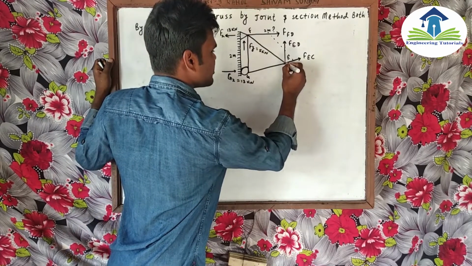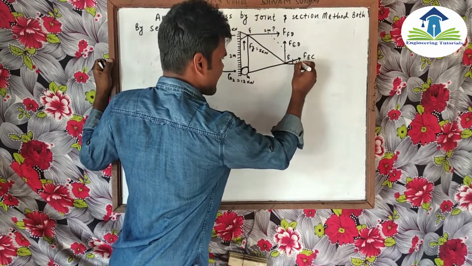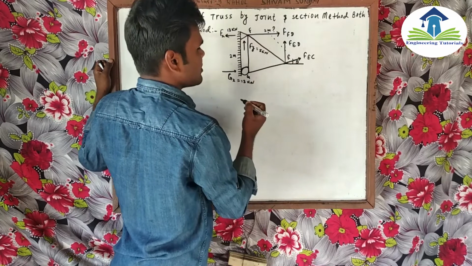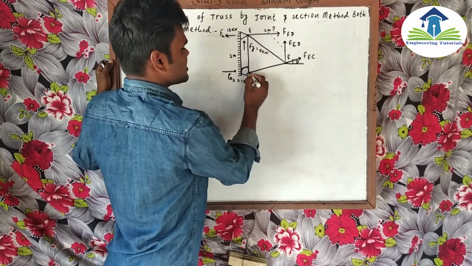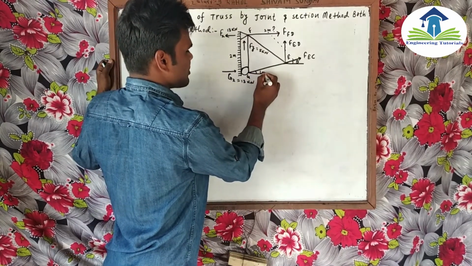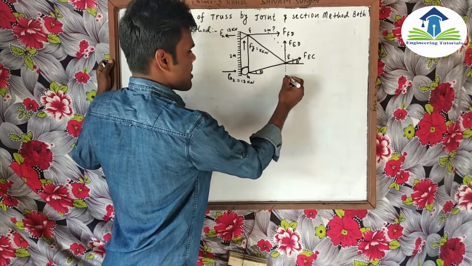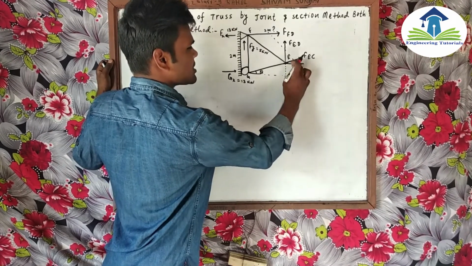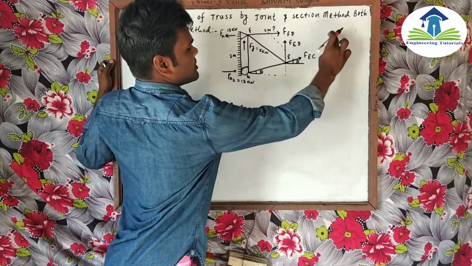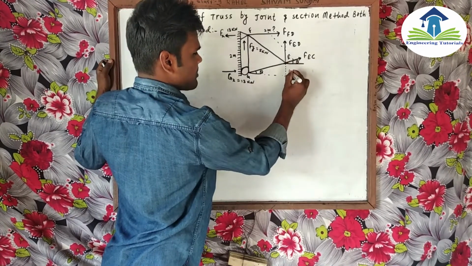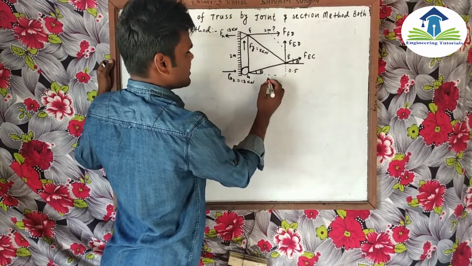So if we calculate this angle theta, what is the value of this? This is 1.5, so this is 0.5. Look at the picture, on the full picture, and this is 2.